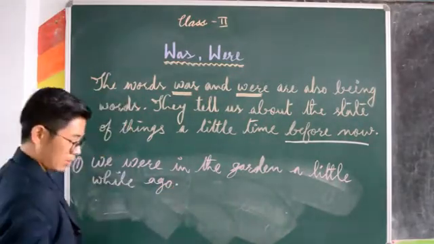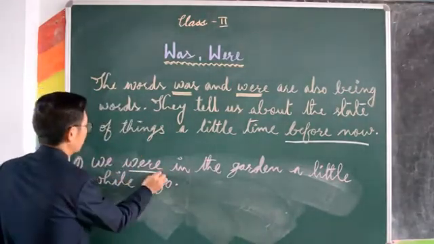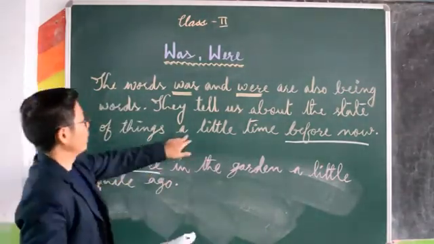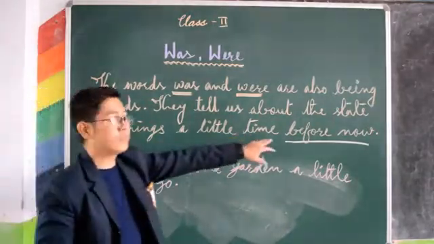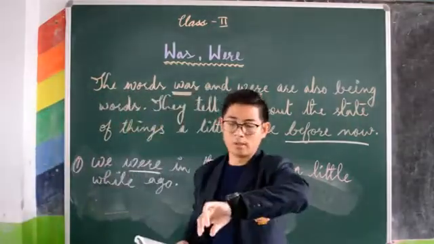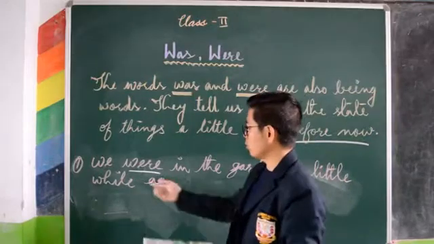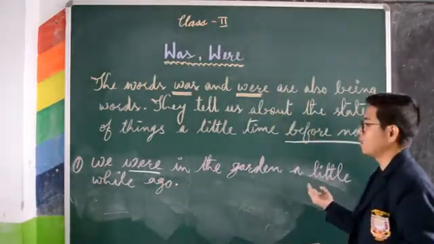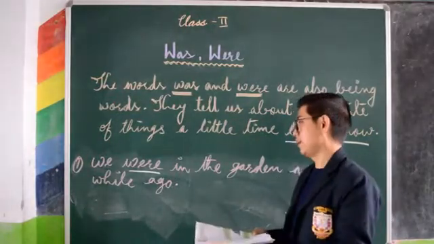See, this sentence tells us about things a little time before now. The things happened a little time before now. It could be just before half an hour. It could be just before 1 hour. So we were in the garden a little while ago, or just before 10 minutes.